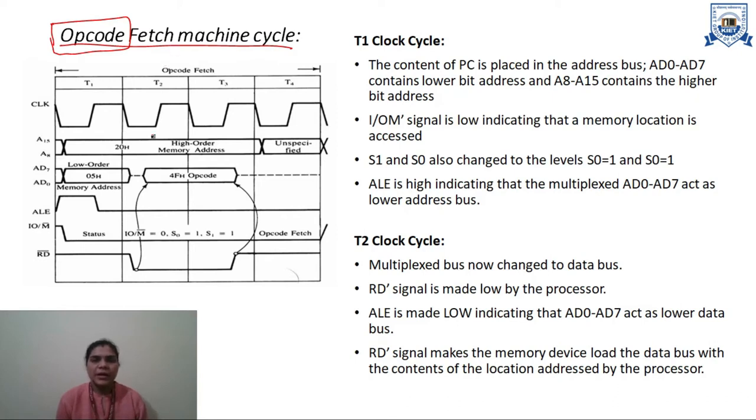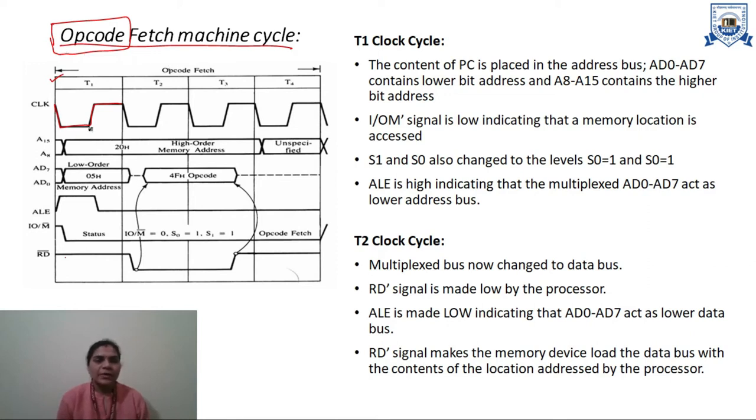As we have discussed, we have T states, and each T state represents one clock pulse or clock period, and the processor generates various control signals to execute an instruction. So here we are fetching the opcode from main memory.